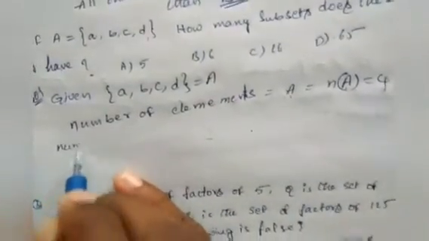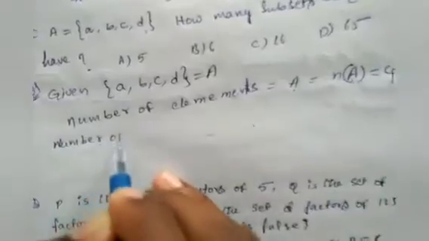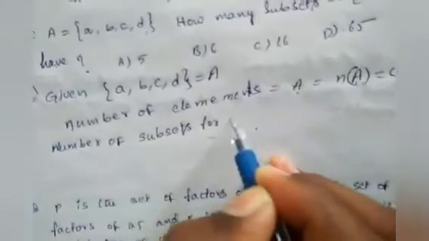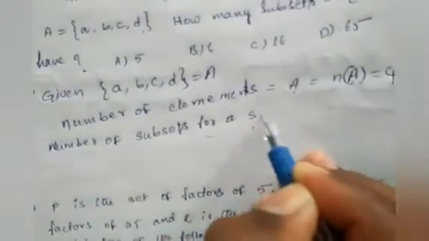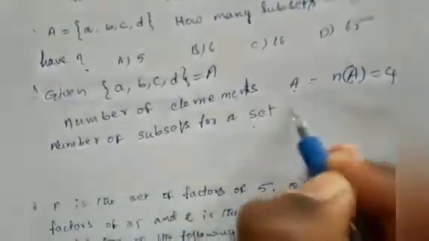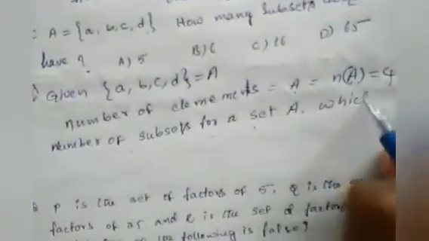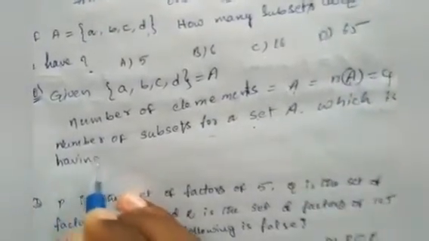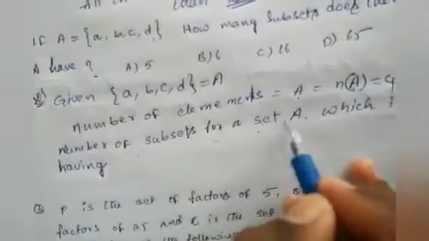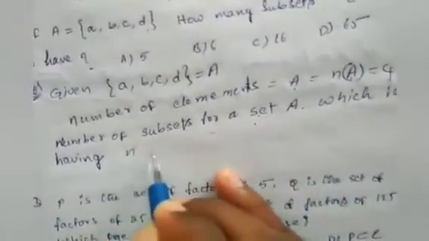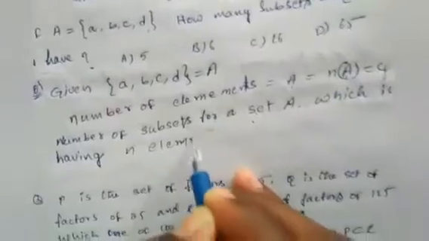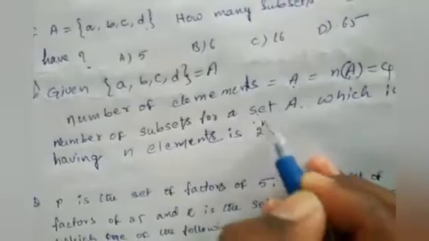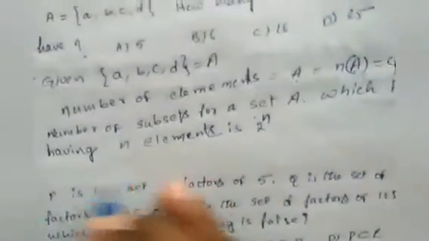Number of subsets for a set A which is having n elements is 2 power n.